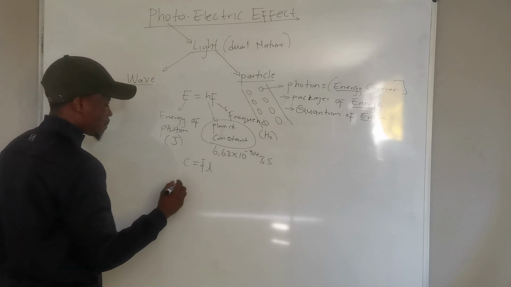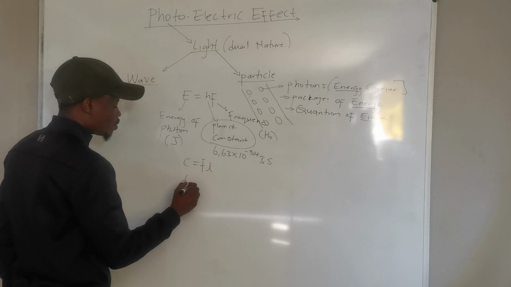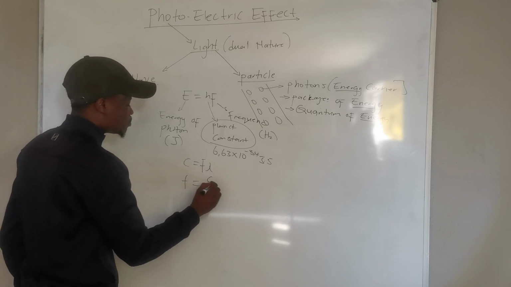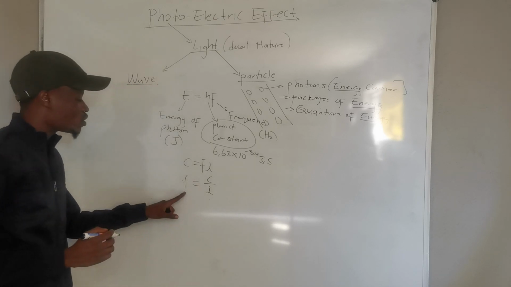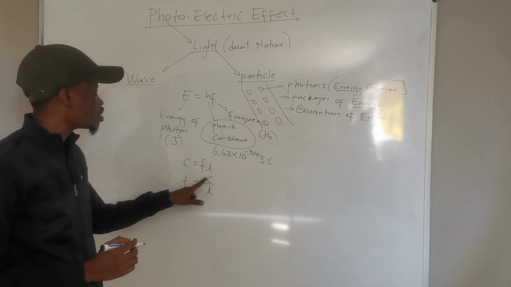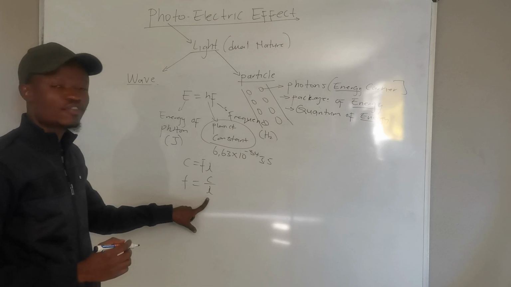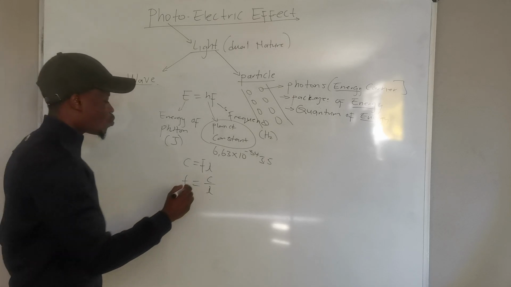Now let us take the frequency and make it the subject of the formula. The frequency is equal to the speed of light in a vacuum divided by the wavelength.